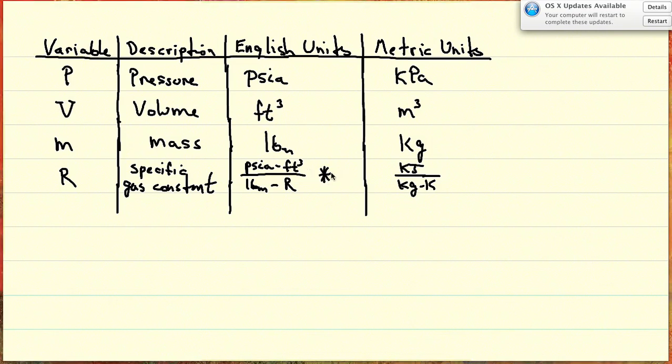Let me write this over here as an aside for you. A kPa cubic meter is equal to 1 kilojoule. It's a one-to-one conversion. That's why everybody loves metric so much in the scientific community. All of these conversions are always one-to-one.